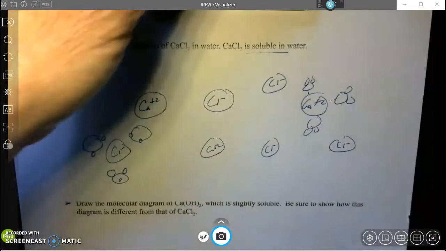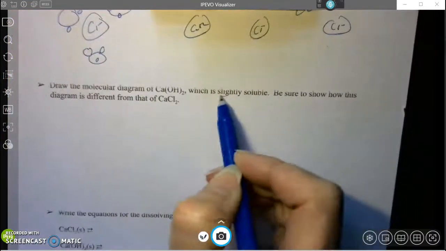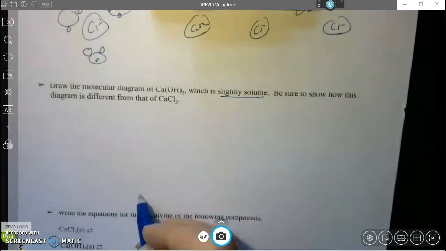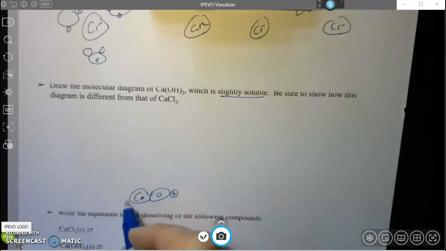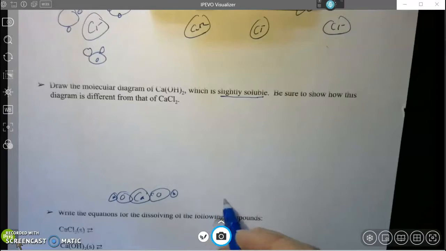When we get to something that is slightly soluble, so calcium hydroxide, that means not all of it has dissolved. So somewhere at the bottom, we would have a solid form of calcium hydroxide. So these would be sitting at the bottom.